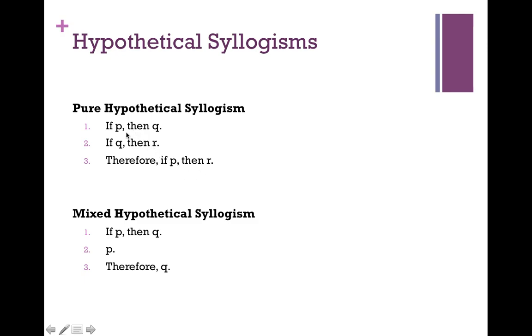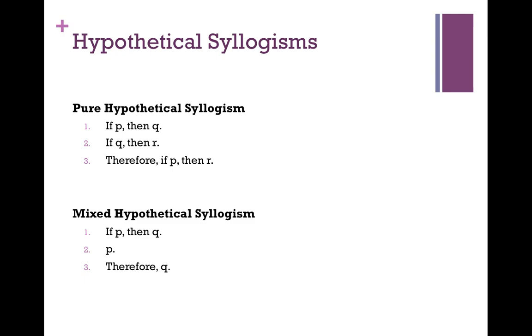And notice that everything within this argument is hypothetical in nature. If then, if then. Whereas this one down here, only the very first proposition is if then, and the second one is not an if then, it's just stating that one of these two component propositions is true. You can read along with me, look at the pure hypothetical.